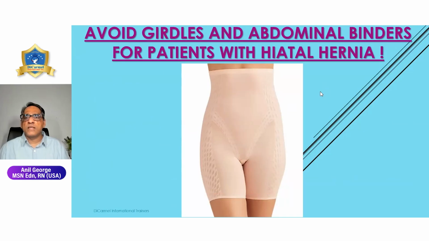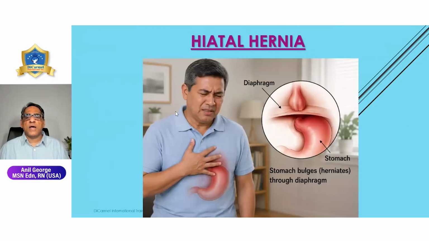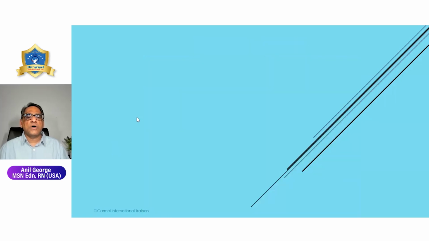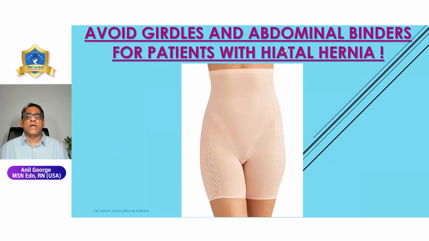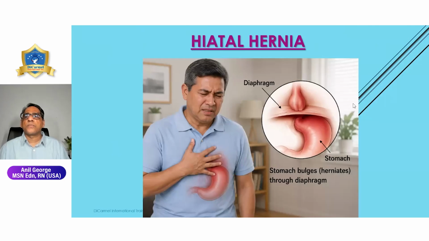Now, if you remember what a hiatal hernia is, it is protrusion of part of the stomach into the thoracic cavity, accompanied by acid reflux and irritation, with symptoms like burning, etc. So again, for patients with this condition, don't give them a binder, which can make the symptoms even worse. And with that being said, this lesson is ending here.